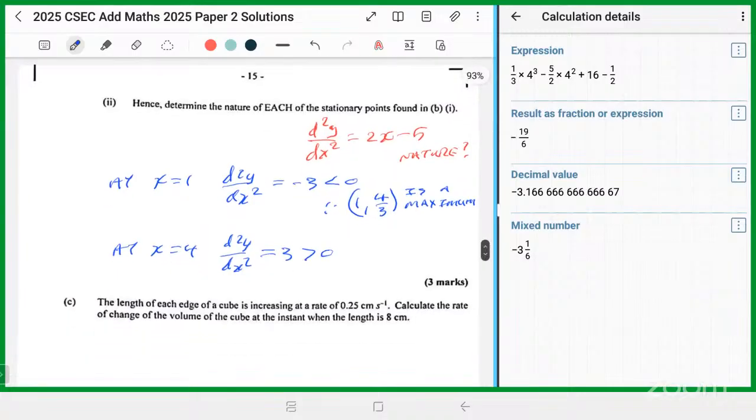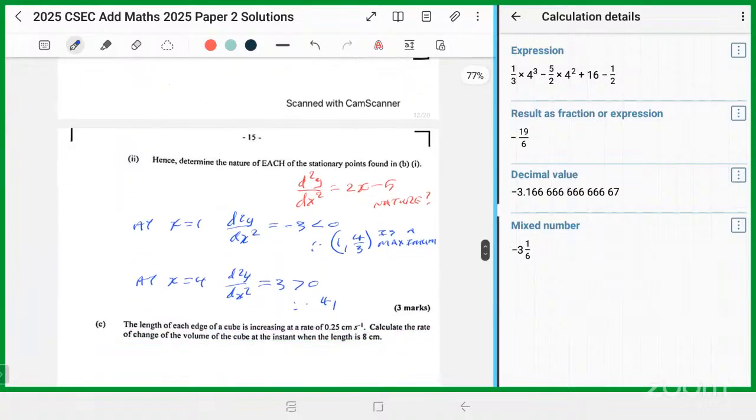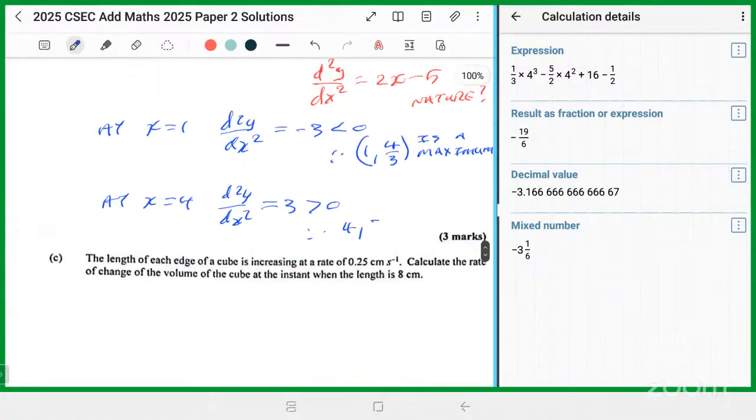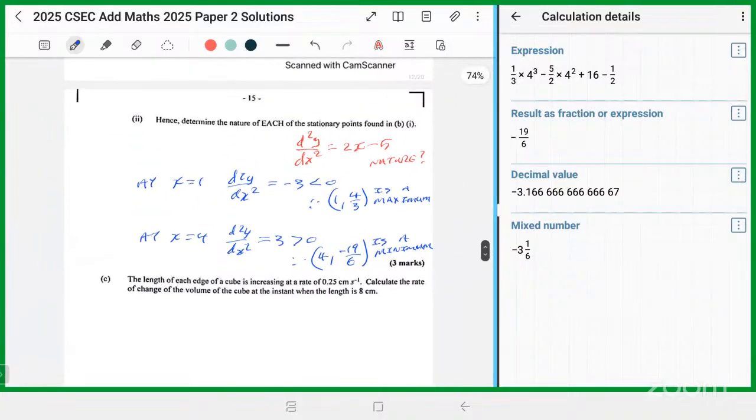So we can say therefore that point, which is 4, negative 19 over 6, is a minimum. That is it.